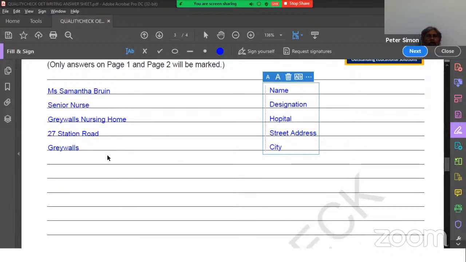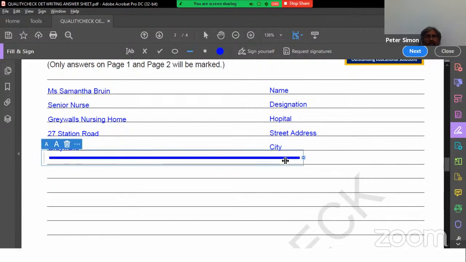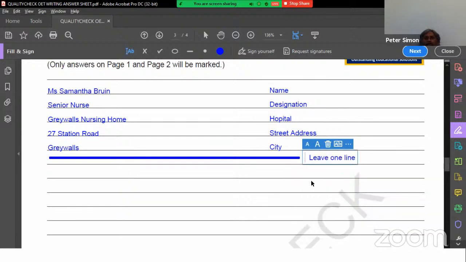Now after this one, you have to leave one line. From one component to another component, when you're moving, leave one line.